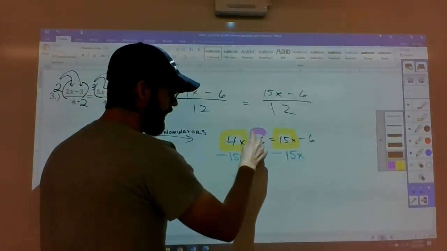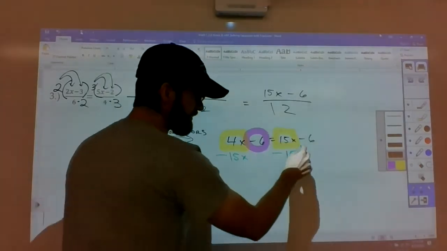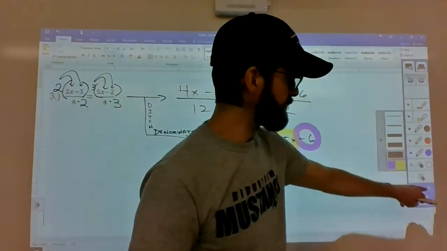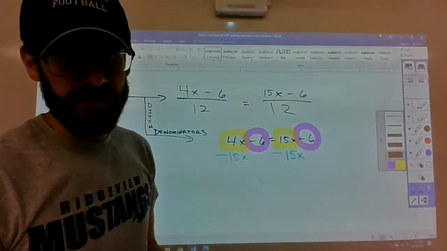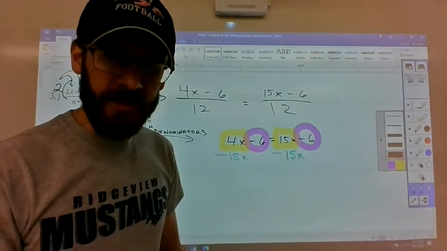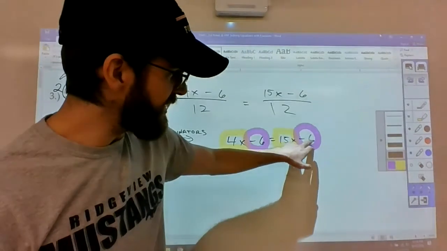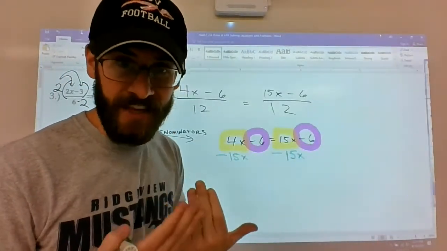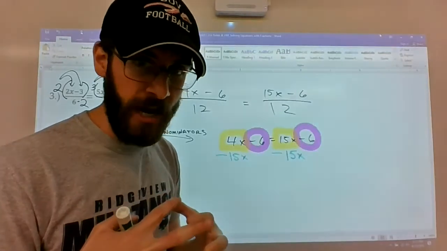I'm only going to combine constants with constants. So please be on the lookout for those very important fundamental things. Some of you are randomly trying to take the 6 and combine it with the x. They have to have x's in order to actually add or subtract to one another.